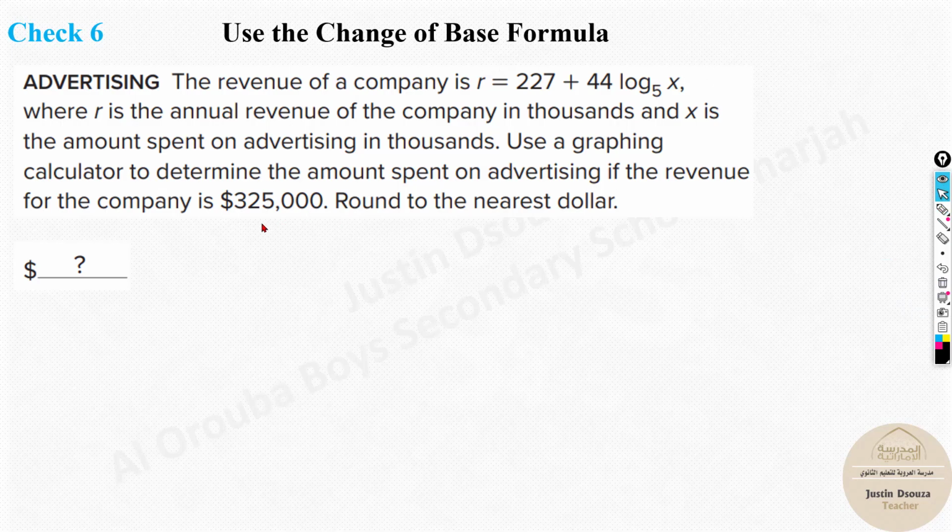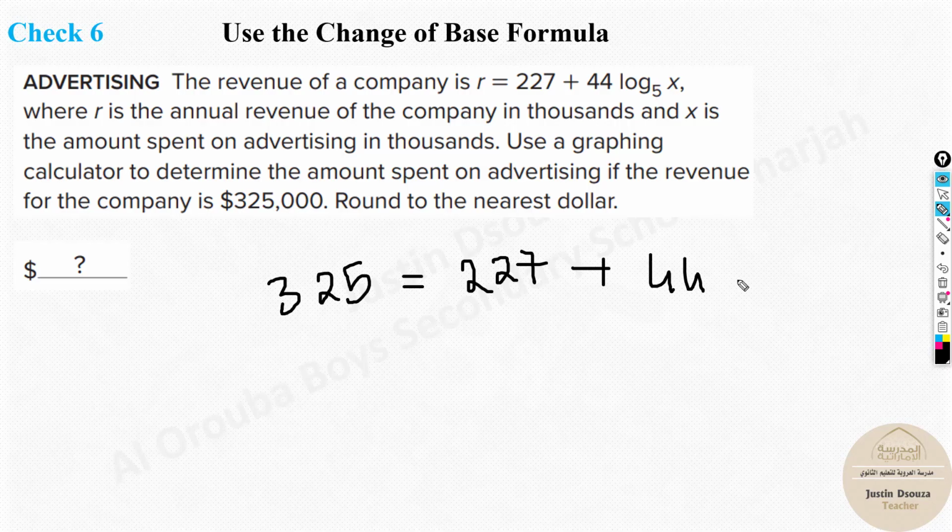Now here they have given you the revenue is $325,000. How much did they spend on advertising? So R is 325. Remember, this is all in terms of thousands, so don't write 000, just write 325 equals 227, which is 227,000, but I just write 227, and 44 log 5x.